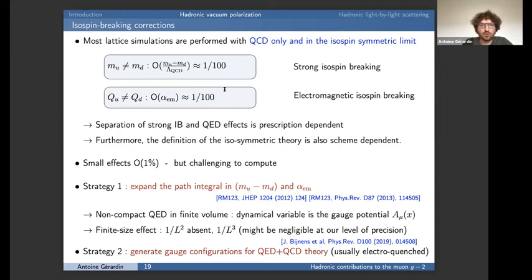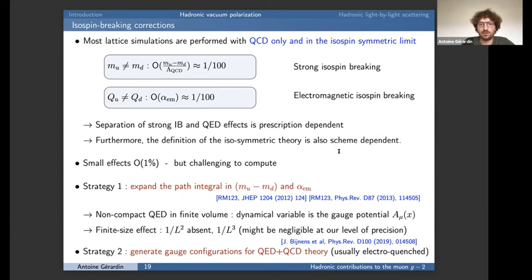But it's also important to explain that in principle, only the full QCD result with QED and strong isospin breaking corrections can be compared with experiments. If we don't include QED and isospin breaking corrections, then we are left with the isosymmetric QCD theory, which is not uniquely defined, and so there is some scheme dependence in its definition.